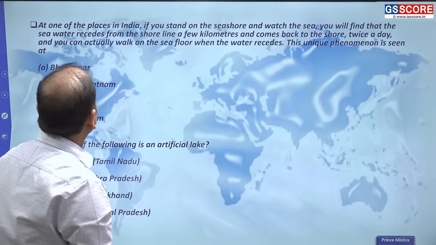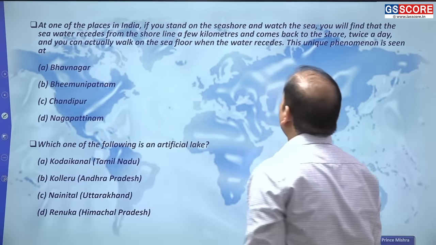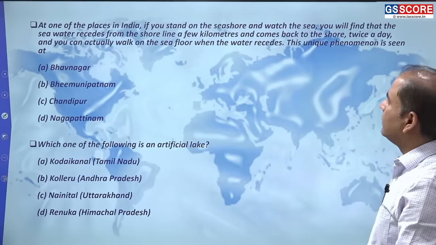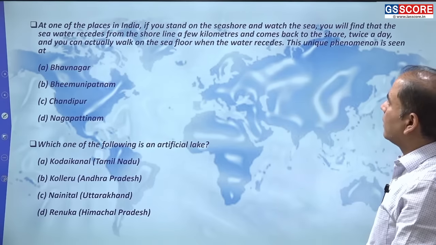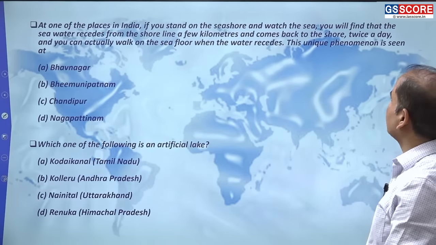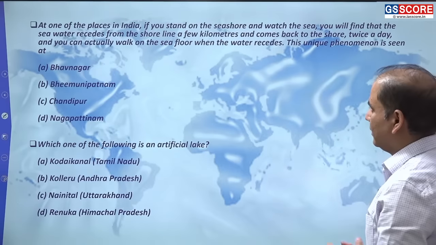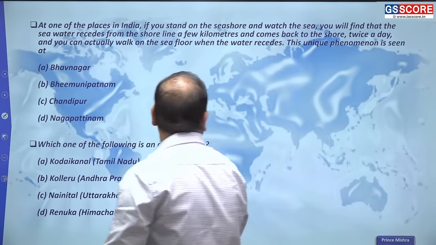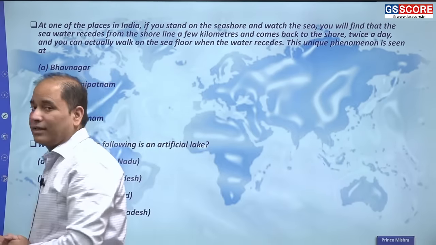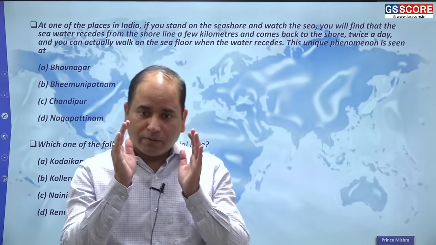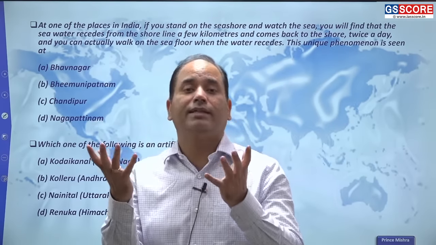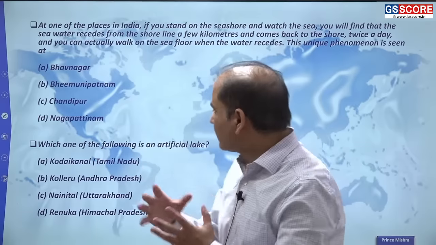Also, at one of the places in India, if you stand on the seashore and watch the sea, you will find that the sea water recedes from the shoreline a few kilometers and comes back to the shore twice a day. And you can actually walk on the sea floor when the water recedes. This unique phenomenon is seen at. So they are checking your knowledge of location, and also the phenomenon of tides. So they will mix up.